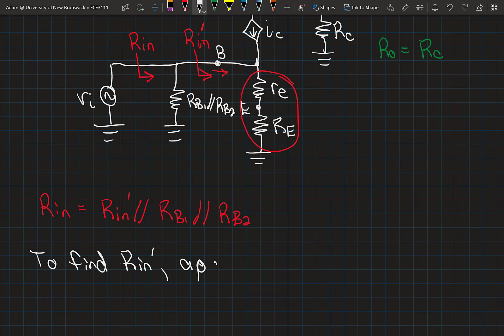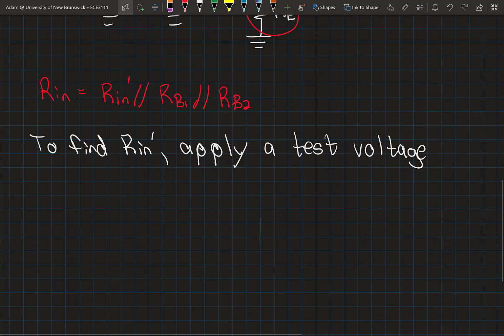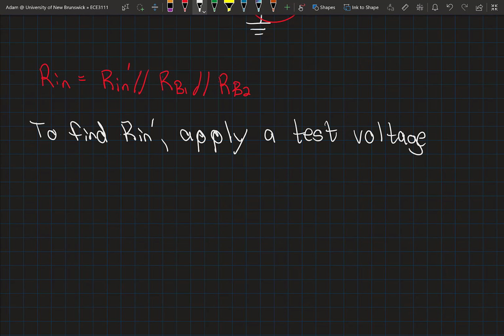Like I showed for assessing the output resistance, although that was a very simple case we could assess through observation, here you'll see the true value of applying a test voltage to assess the resistance at the base.